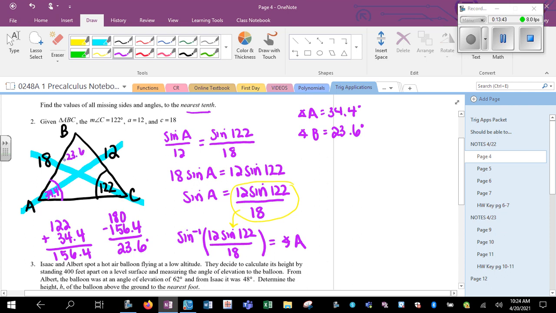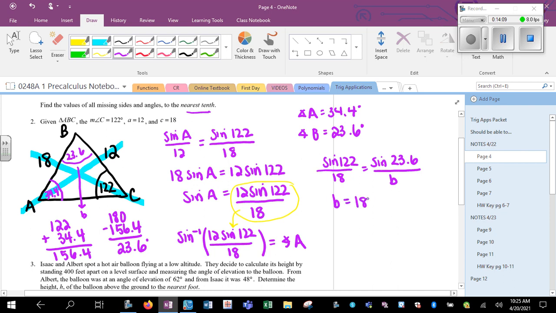Once I know angle B, I can go ahead and find side B. So one more proportion. I'm using the given from angle C, so sine of 122 over 18 equals the sine of B we found to be 23.6 degrees over side B. Cross multiply.